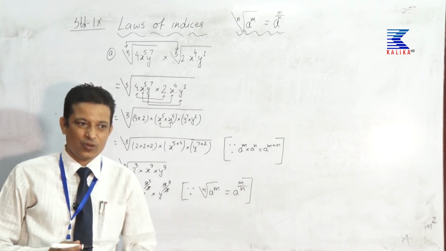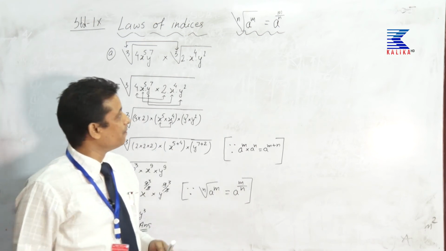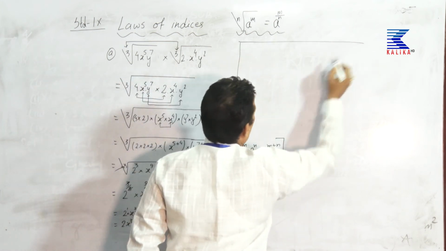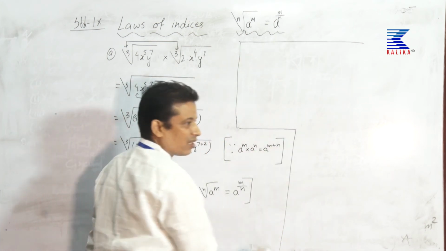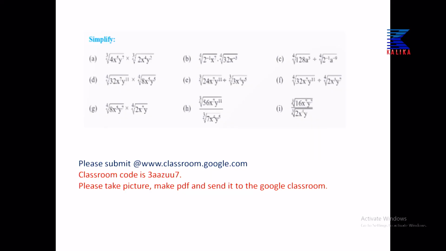In this way, we can solve this. So, now this is the example of multiplication form. Now, let me again show you the questions in the slide, please. I will do one more question, then that will be enough for you. So, look at the last number, please. Dear students, please write question number I in your copy.